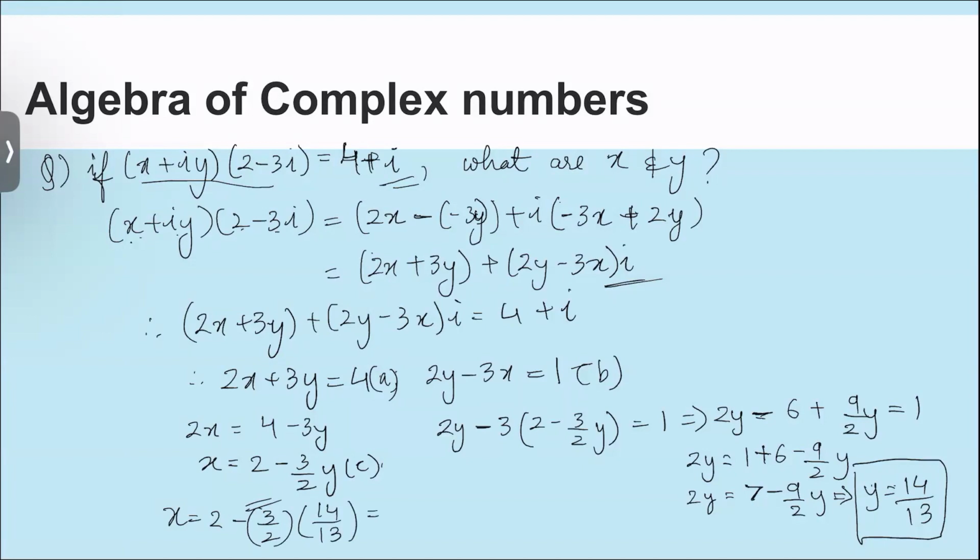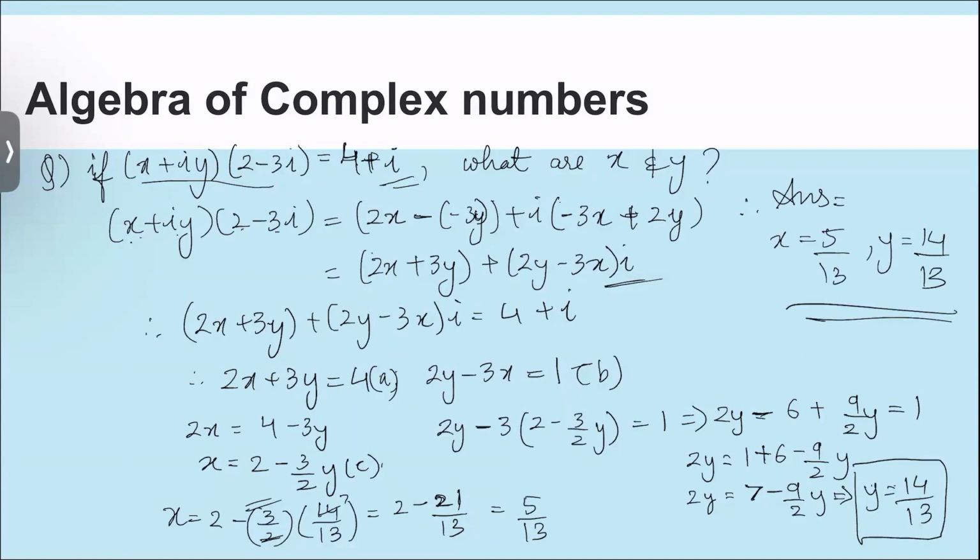So that is equal to 2 minus 21 by 13. You actually divide this, cancel it out, and what you get is 5 by 13. So therefore the answer, I'll just write it here, is that x is equal to 5 by 13 and y is equal to 14 by 13.